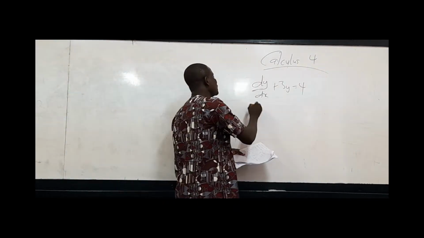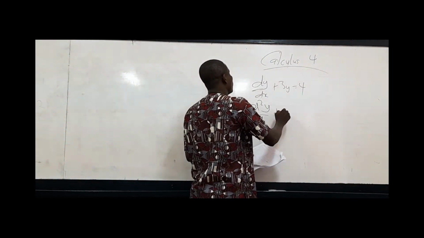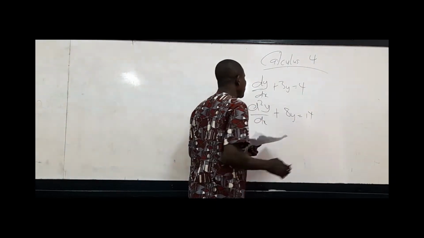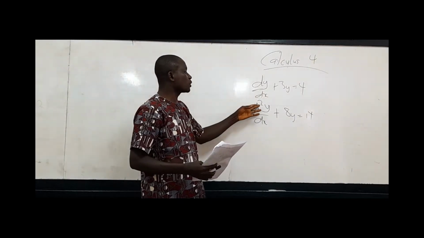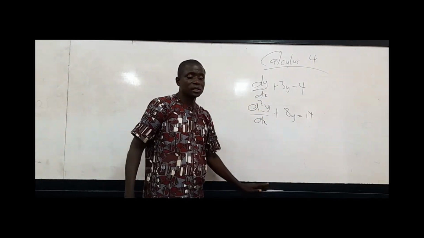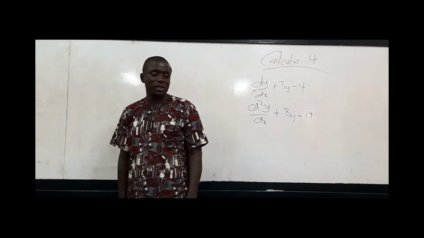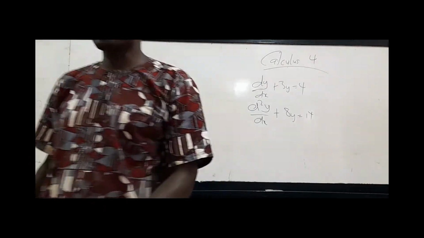But if I say d²y/dx² + 8y = 14, this is a second order differential equation. Why? Because of the square here. You understand? So if it moves to the third, then we have the third order differential equation.